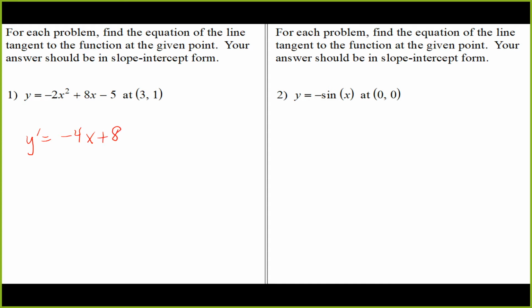Then we need to take that general form and figure out what our derivative is at this point. Eric, how can I figure out what the derivative is? What do I need to plug in?